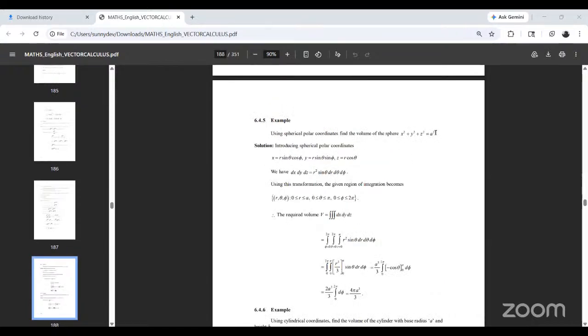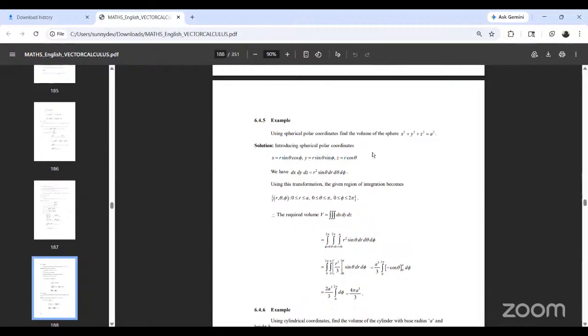In the same way, here also we can do the same thing. So polar coordinates of the sphere, x square plus y square plus z square equal to a square. Here, polar coordinates means that we can write x equal to r sin theta cos phi, y equal to r sin theta sin phi, and z equal to r cos theta.